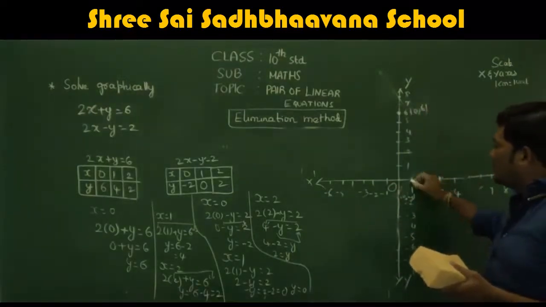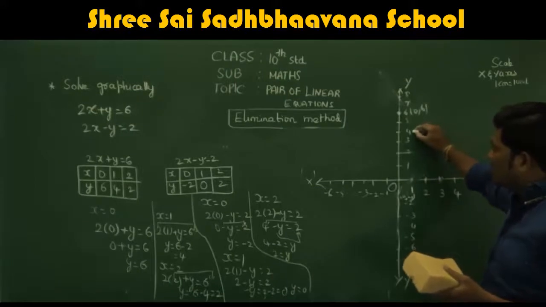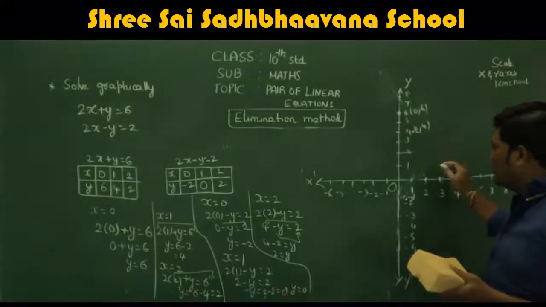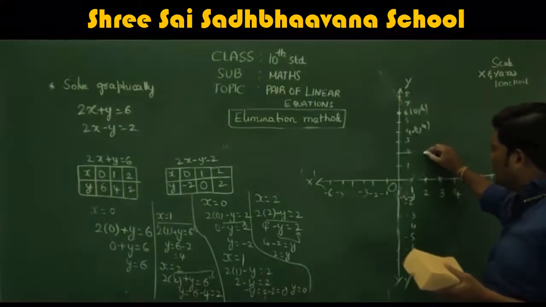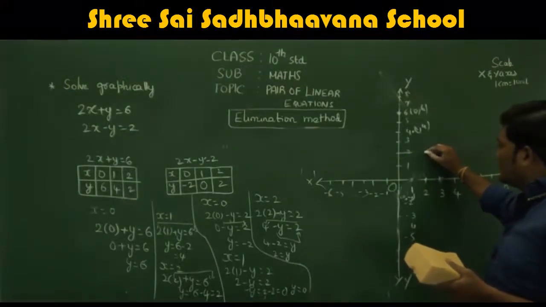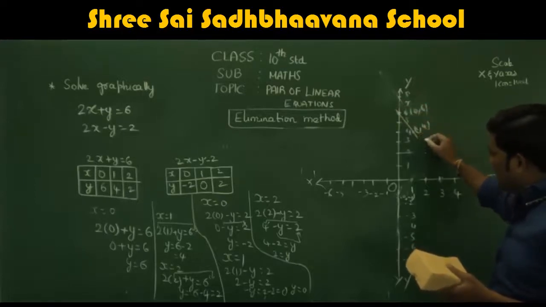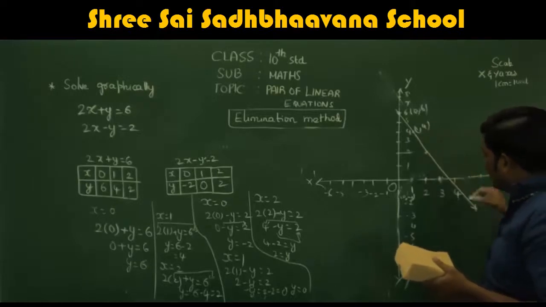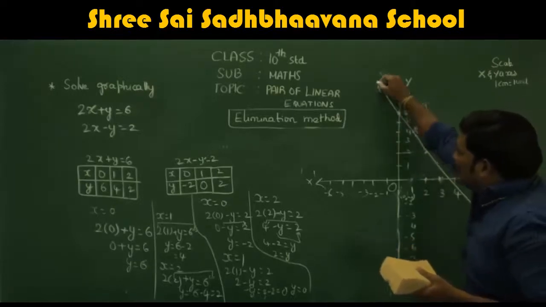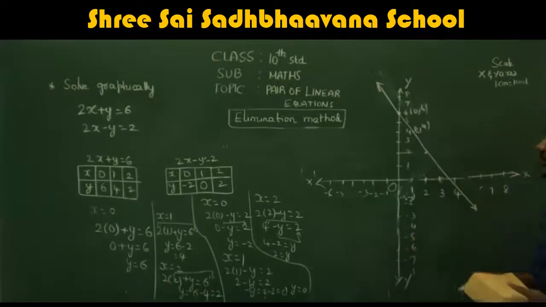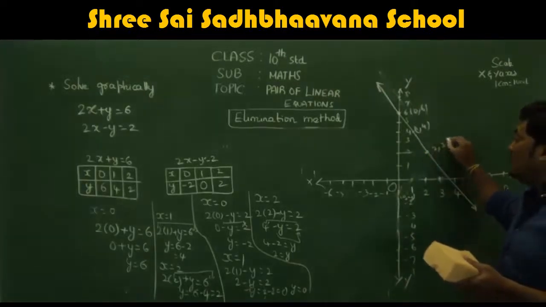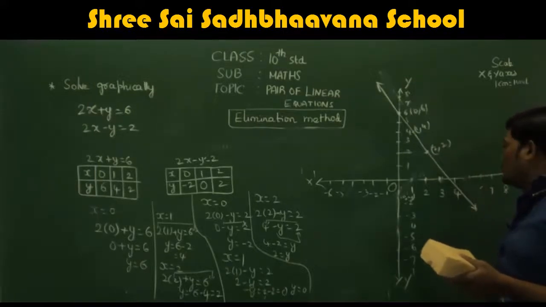Next, 1, 4 is somewhere here. Next is 2, 2, which will be here. Again, as I told you, it is just a rough graph. Don't compare it with actual graphs. You have to practice on your graph sheet. I just extended the line, and you also have to extend it clearly.